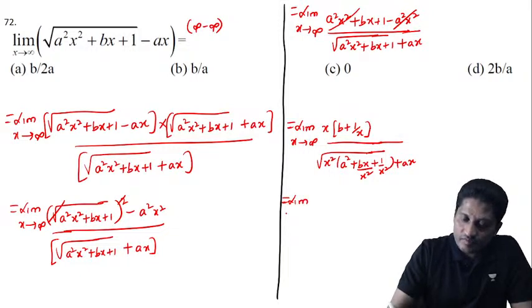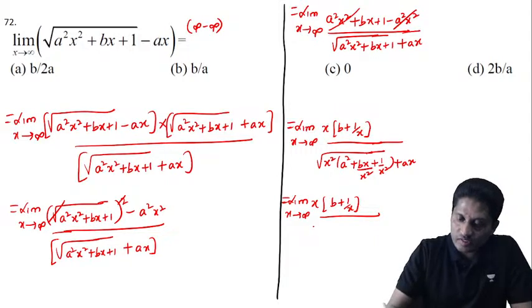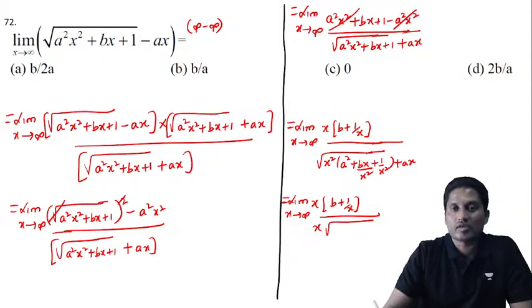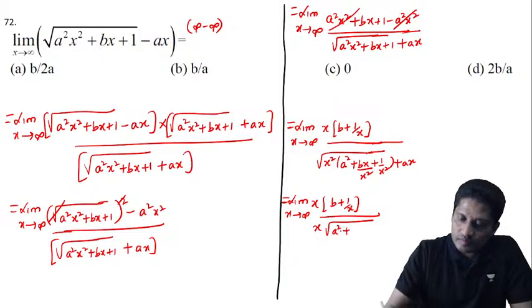Limit x tending to infinity of x into (b plus 1 by x), whole divided by x outside the root, since x square is under the root and x square outside the root is x. This is a square plus b by x plus 1 by x square, plus ax.